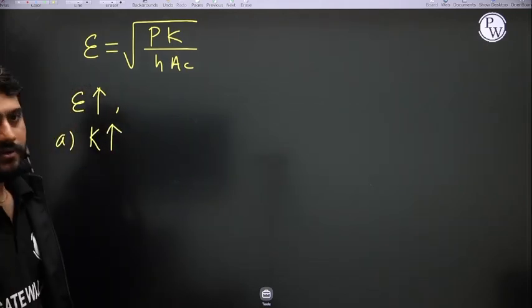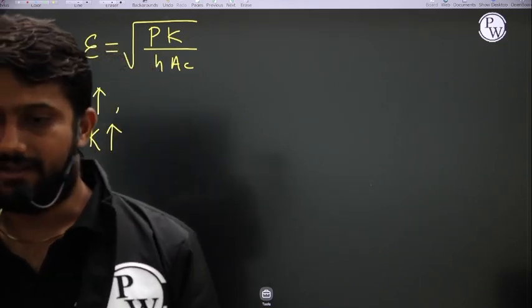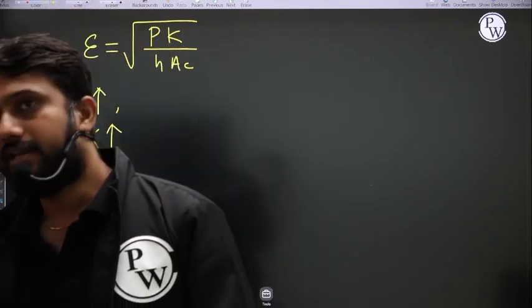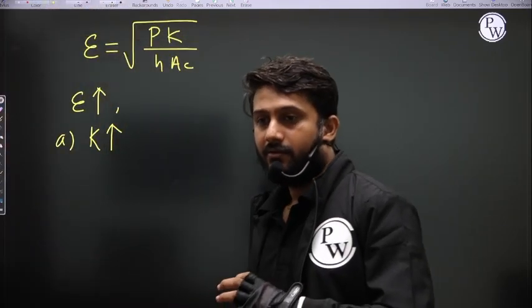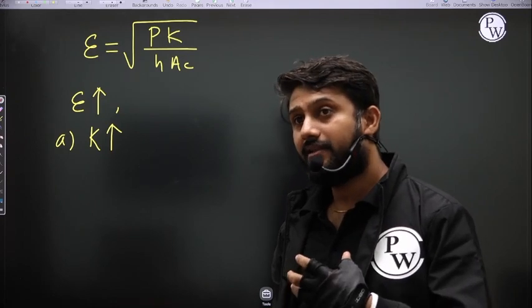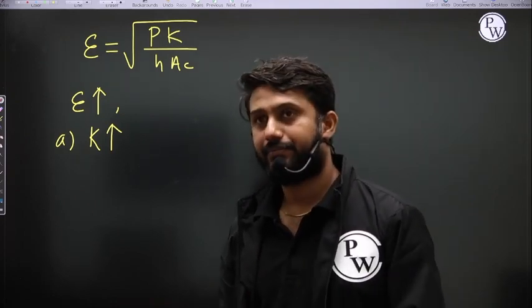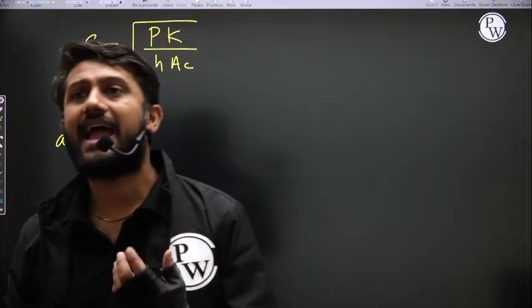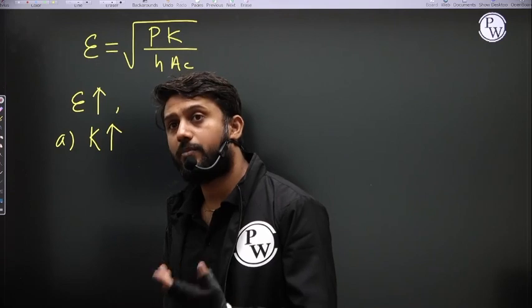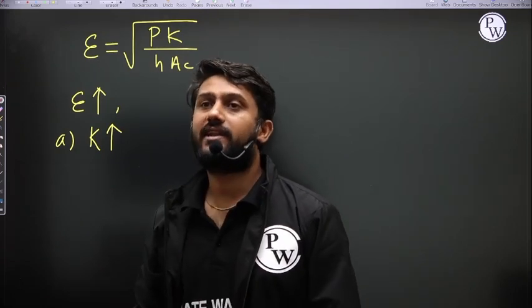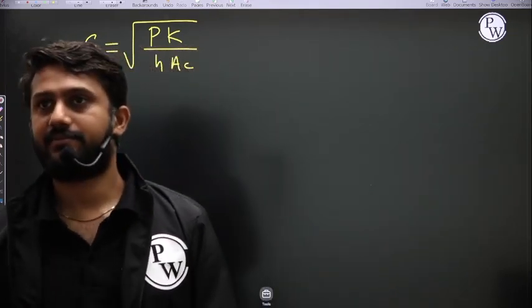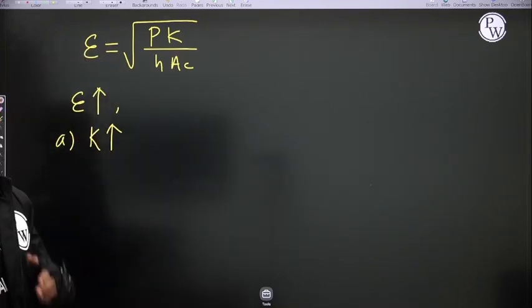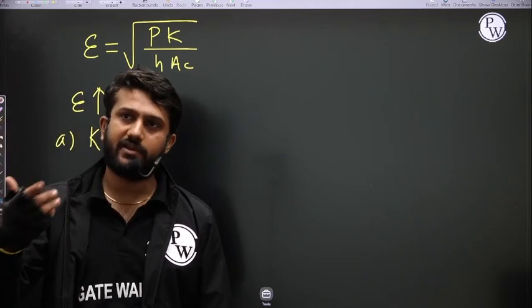That means we are using a fin material having higher thermal conductivity. The most commonly used fin materials are aluminium alloys and copper alloys. If you increase the thermal conductivity, then the effectiveness of the fin will increase.